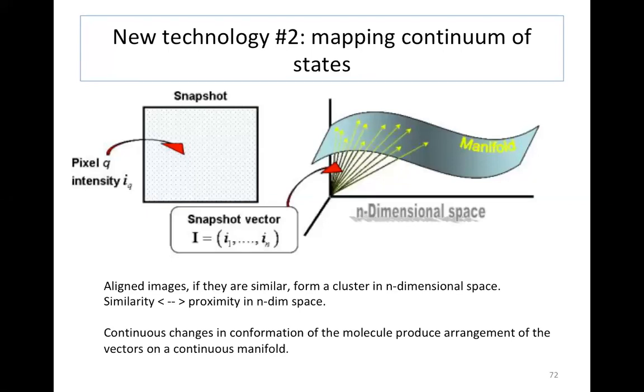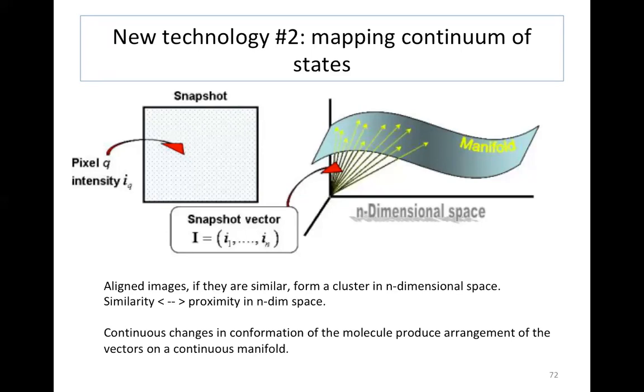So for a large enough data collection, we can actually see the continuum of conformations, but we don't have a tool to access this continuum. The existing tool is something like RELION, using maximum likelihood, which only finds clusters in this continuum, but we want to really characterize the continuum.